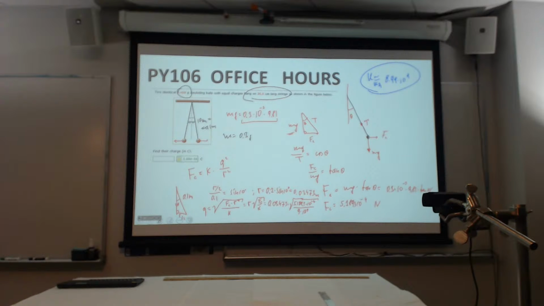So this is supposed to be the Coulomb's force: 0.3 grams times g times the tangent of 10 degrees. How did you get this power?